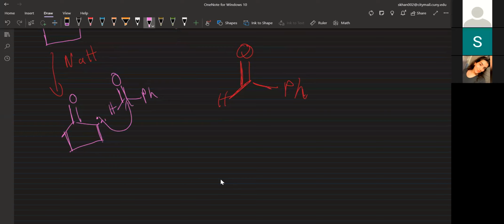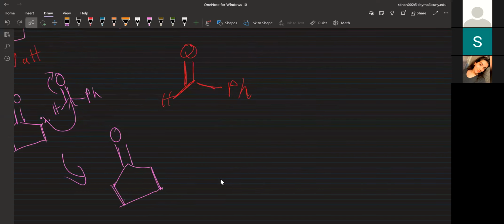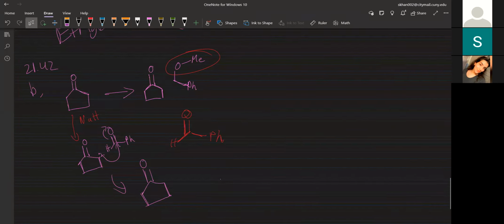So this is just going to attack, push up, and now we get this. This is why it's important to think about these in terms of their intermediates or mechanisms, because now we formed our desired bond here.